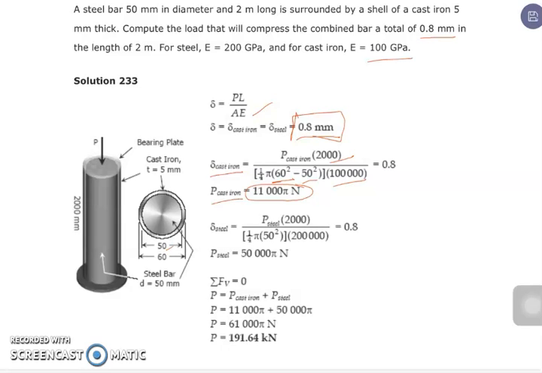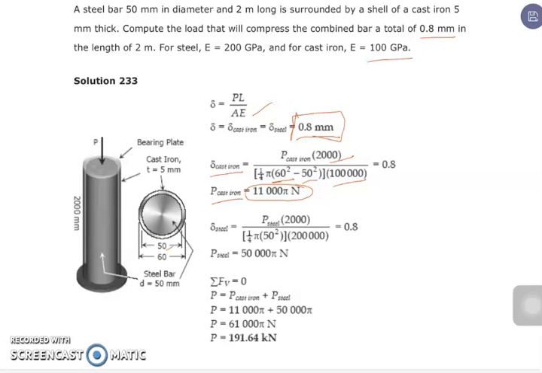Then for the deformation on the steel, we have the force on the steel times 2000, which is the length of the steel bar, all over pi d squared all over 4, where the diameter of the steel bar, of course, is 50 mm.